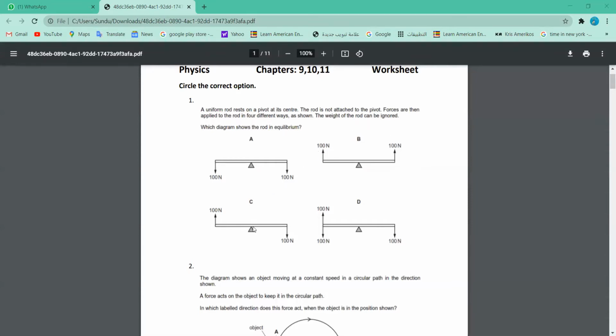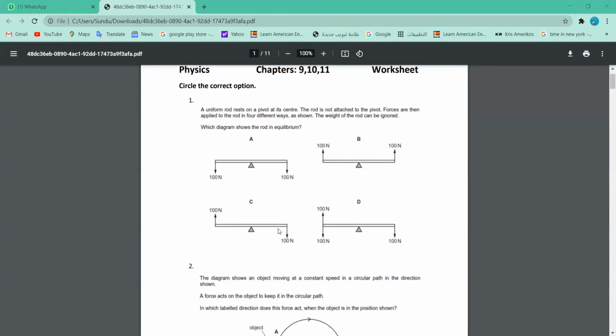Okay. C, let's talk about C. This is upward force, so this is a turning moment. So remember, you have to keep both the conditions in mind. Total upward is equal to total downward, and clockwise is equal to anti-clockwise. Now this force, 100 Newton, is creating what moment? Clockwise. Yes, clockwise.